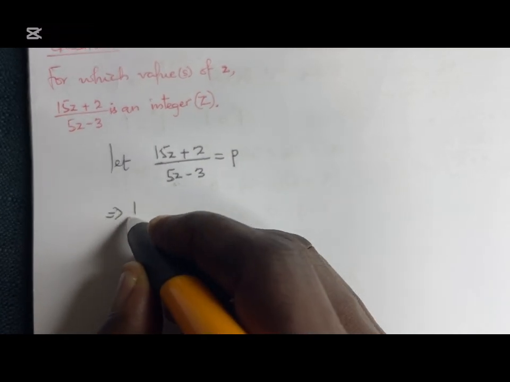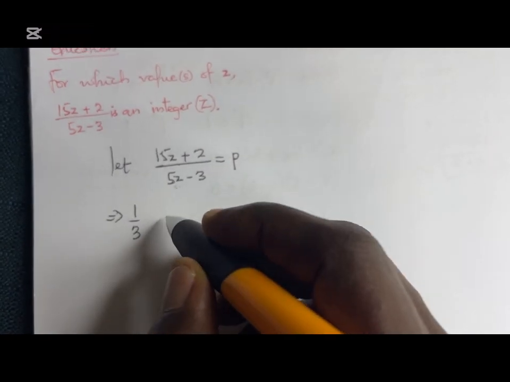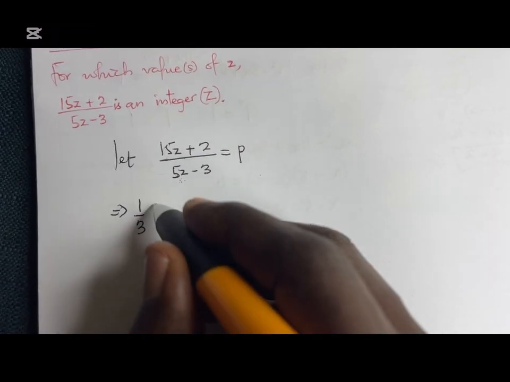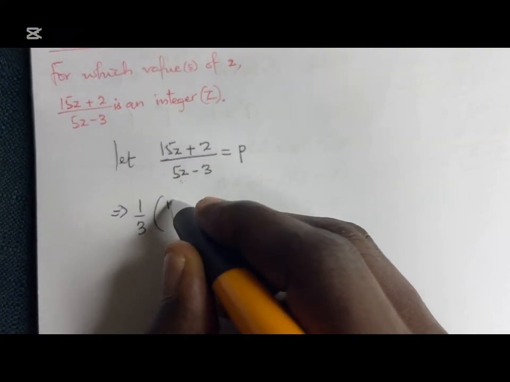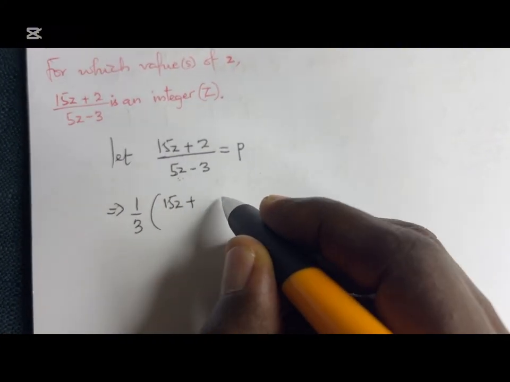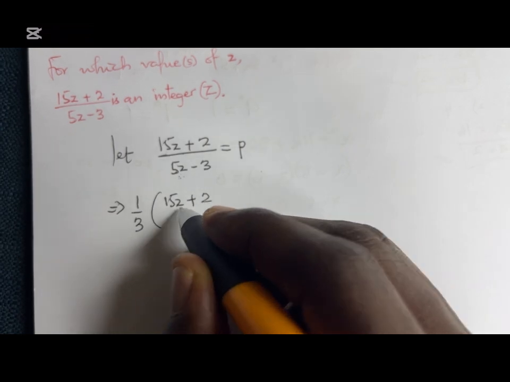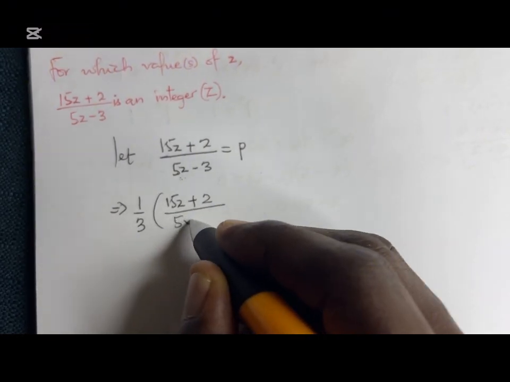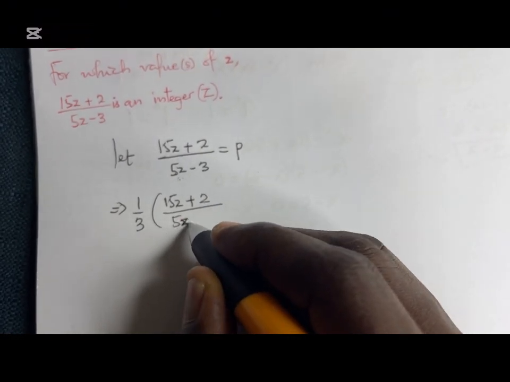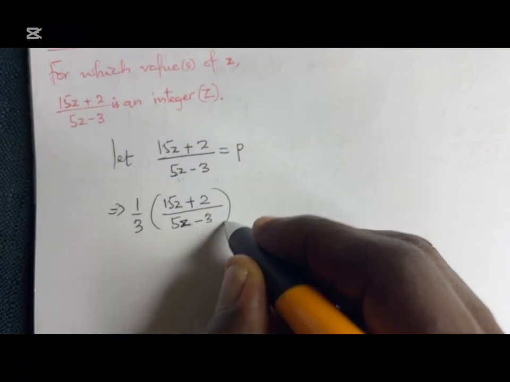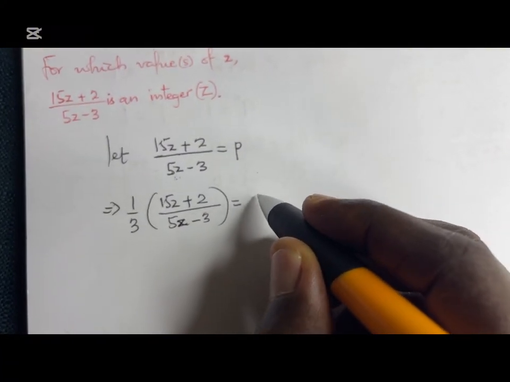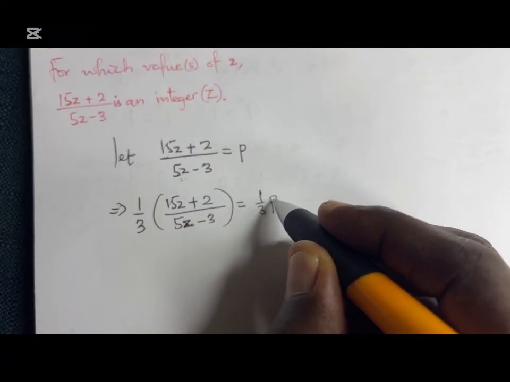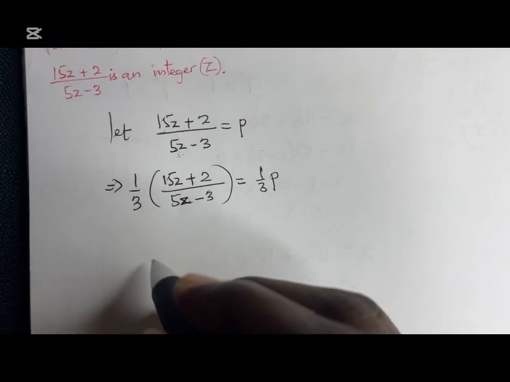We have 1/3 times (15z + 2)/(5z - 3) equals 1/3 of p.